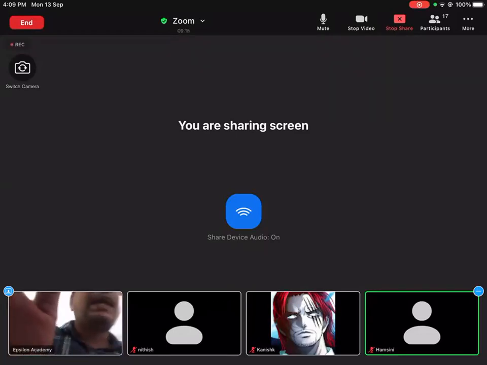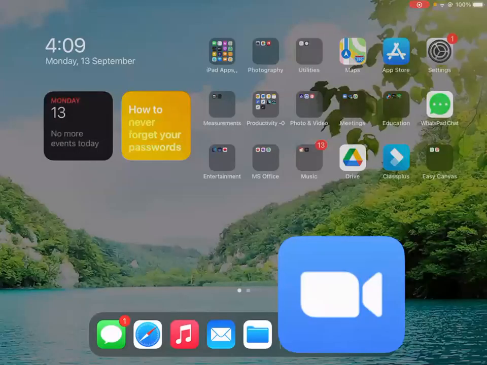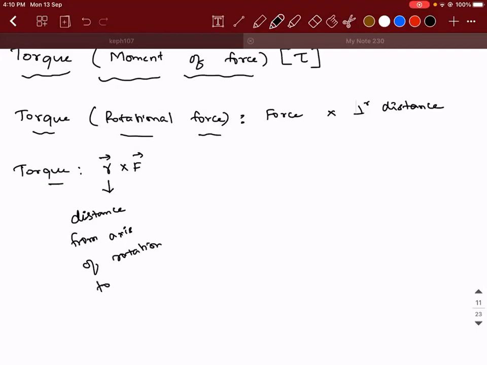Purely, it all depends on how much is the distance you're applying between the axis and the point of application. Based on that, torque is defined something like this. Torque is r vector cross F vector, where r is the distance, here I'm not talking about perpendicular distance, from the axis of rotation to the point of application of force.